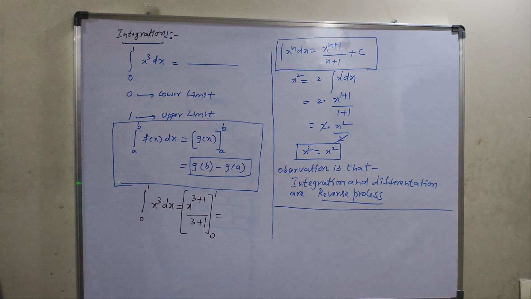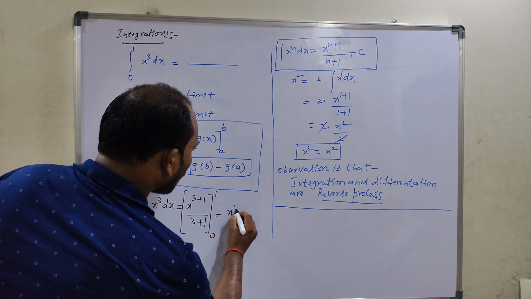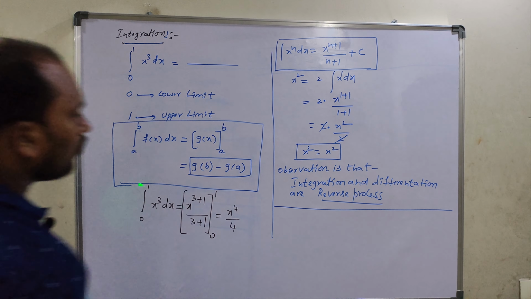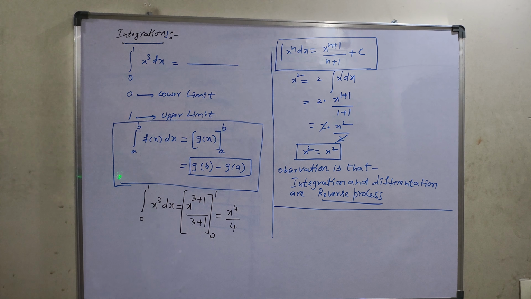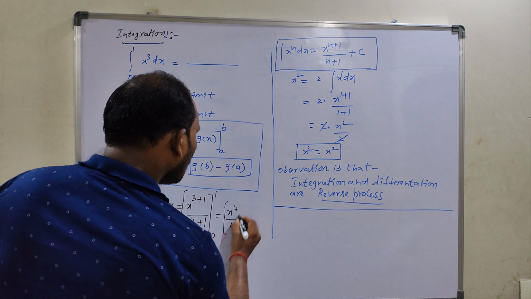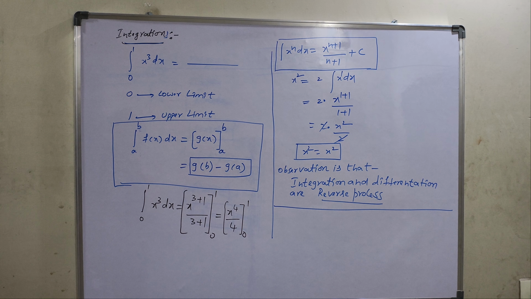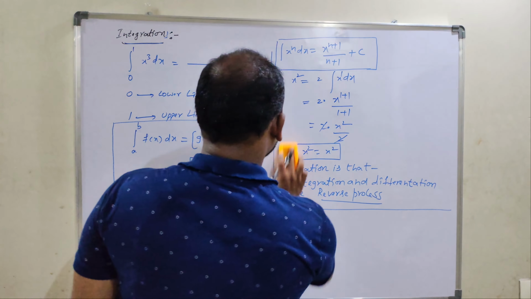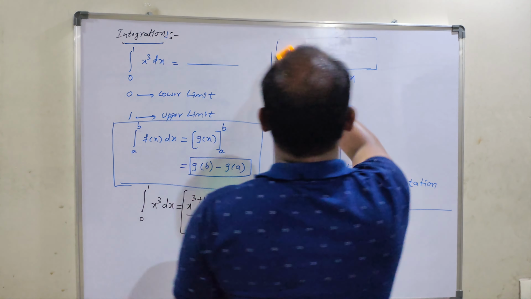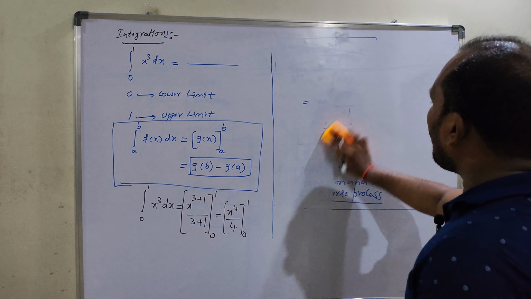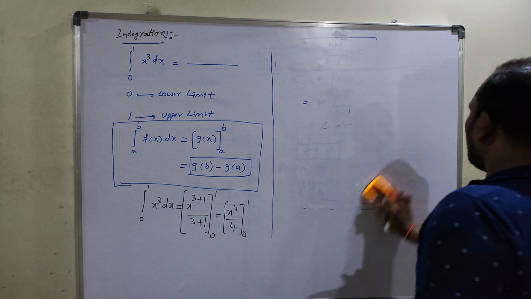Now what will happen? X power 4 by 4, with limits 0 to 1. What I told you just now is that when you are applying the limits, you have to do upper limit minus lower limit. Keep in mind.